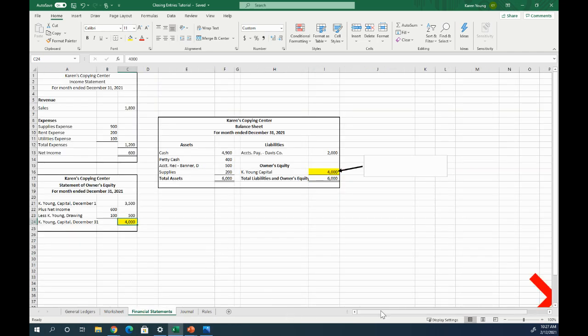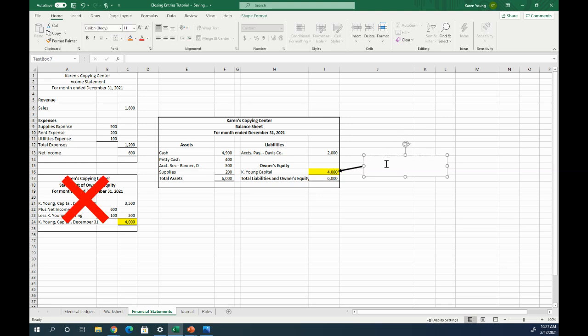One thing I want to point out, when we were doing financial statements, sometimes it has you doing this owner equity statement and sometimes it doesn't. If you were in a situation where it said, just prepare an income statement and a balance sheet, just remember that you don't need to prepare a statement of owner's equity.